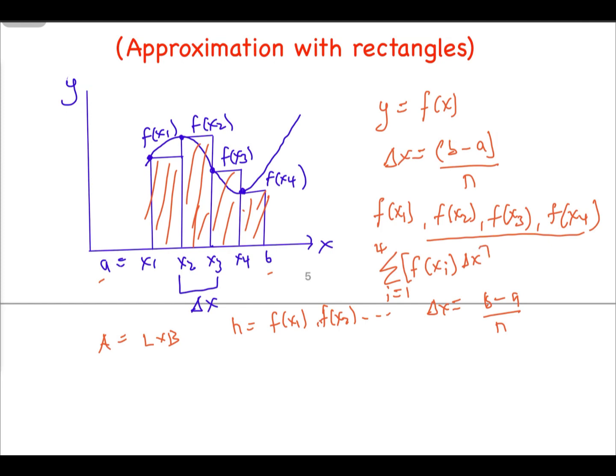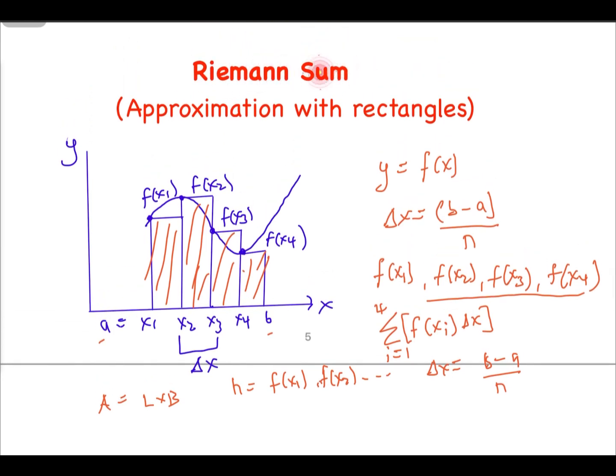This particular one is the area of one rectangle. So if i equals 1, we approximate the area of the first rectangle, plus f of x2 change in x, f of x3 change in x. We approximate the area of each rectangle here, and at the end of the day we sum them together to get our total area under the curve, which we call the Riemann summation or Riemann sum, which we can also call approximation with rectangles.